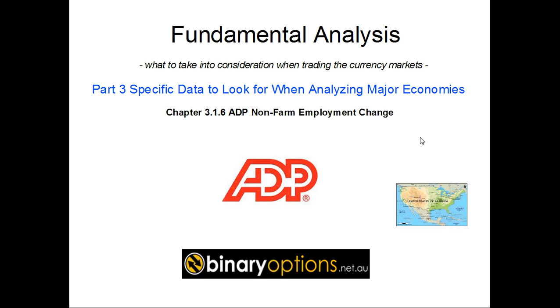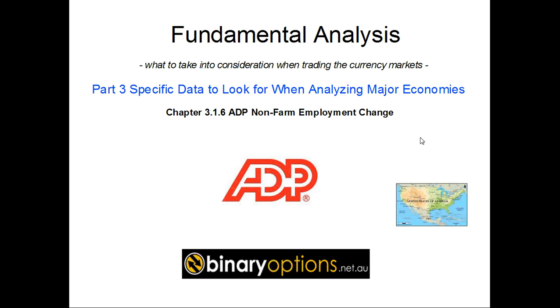Now, moving on, our sixth indicator to analyze the U.S. economy is the ADP non-farm employment change. It might look like the name is a little bit fancy, but I wouldn't say so. The ADP comes from a company as well that deals with payrolls. You'll see that later.